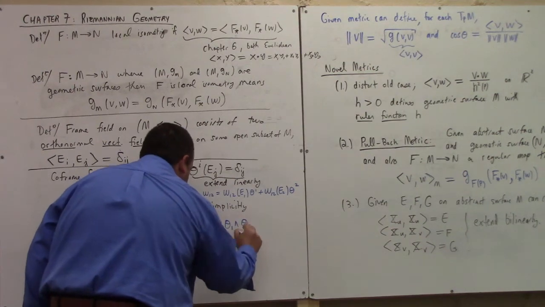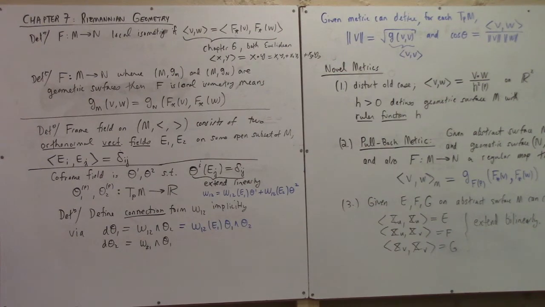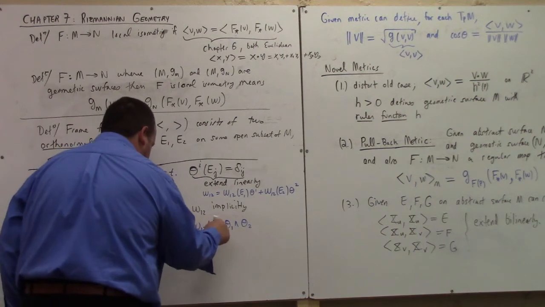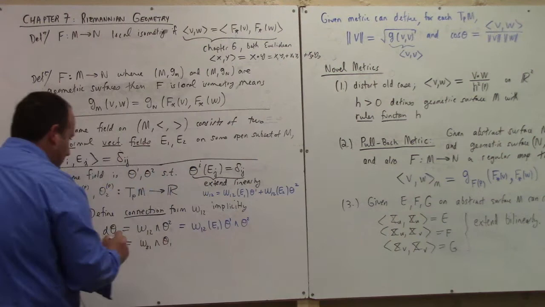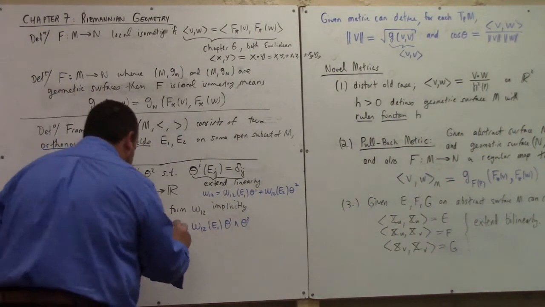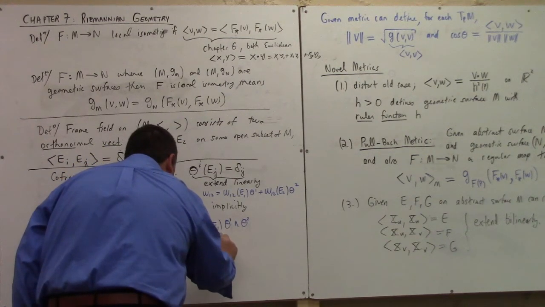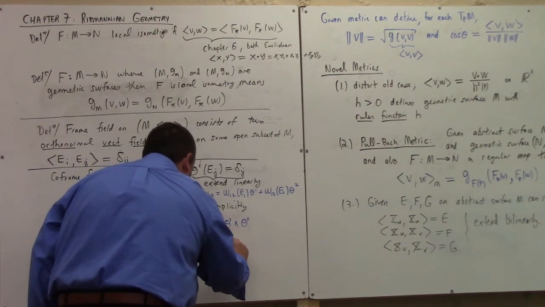I'm sorry, I'm writing the 1 and 2 downstairs. I mean to put those up, but O'Neill sometimes puts them down. I do like them to be up, so I'm going to put them up. And why is that? It's because the theta 1 component is the only one that doesn't wedge to 0 there. And on the other hand, this one is omega 1, 2 of E2, theta 1, wedge theta 2.